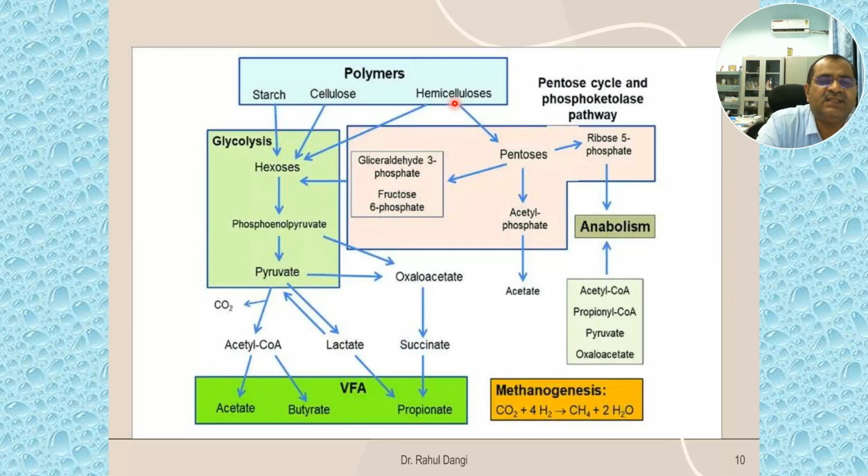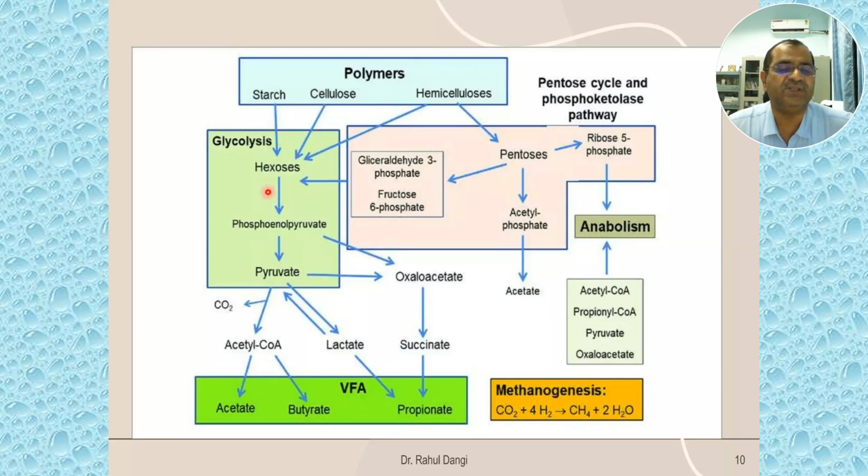For example, the celluloses are subjected to microbial digestion, whereas the hemicelluloses are also converted to hexoses. Then apart from this, the hexoses are converted to pentoses, meaning 5-carbon substances, and these pentoses are converted to glyceraldehyde 3 phosphate, or fructose 6 phosphate.